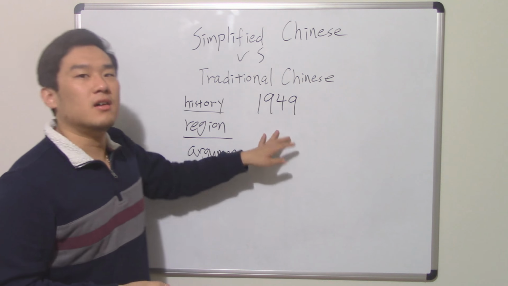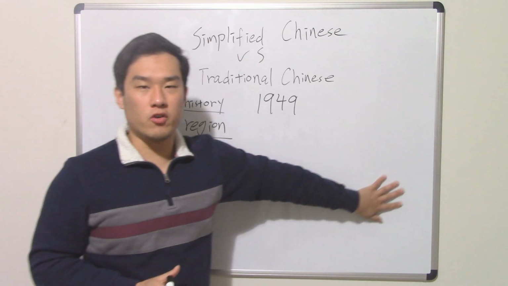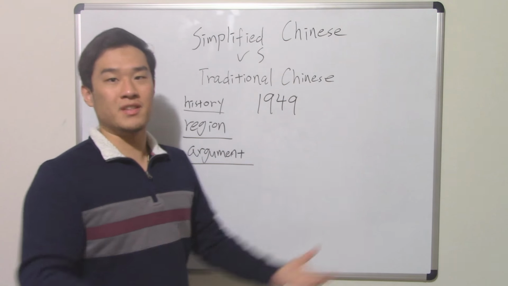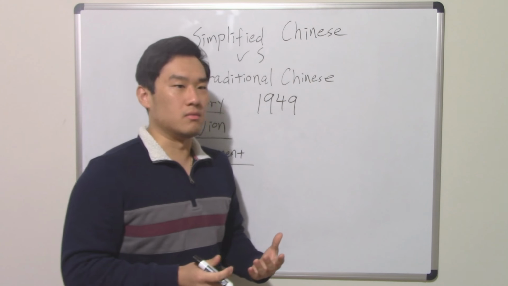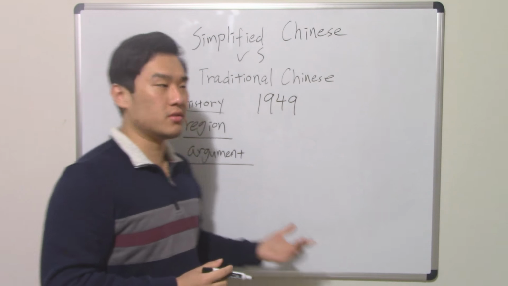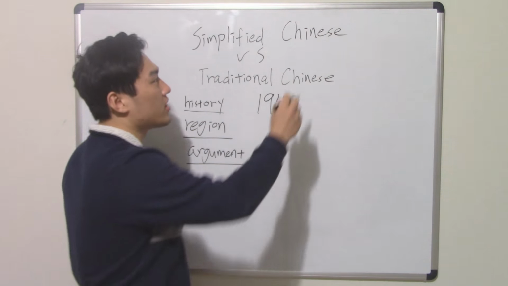So after the communist China was formed, the government decided to simplify some of the words. That's when simplified Chinese was formed.